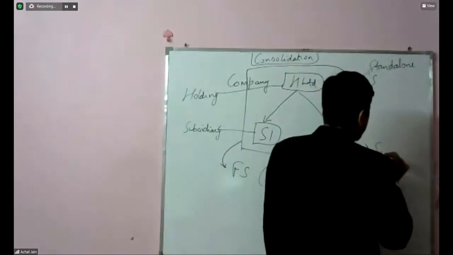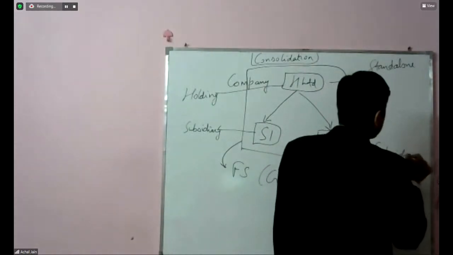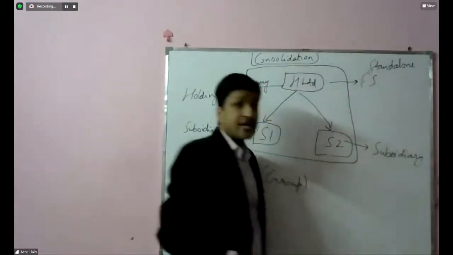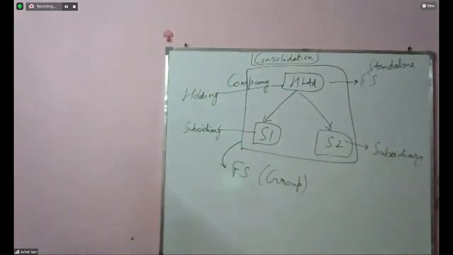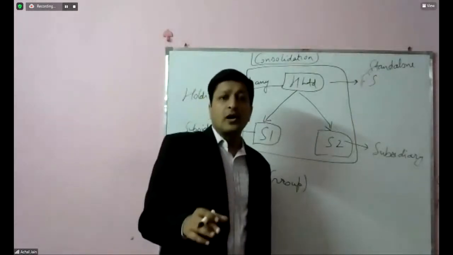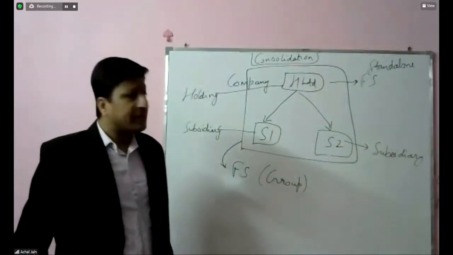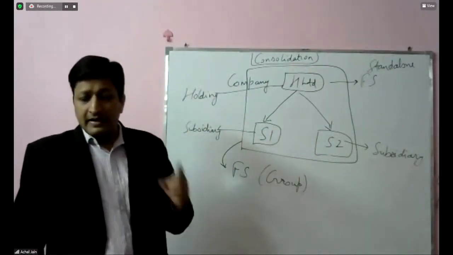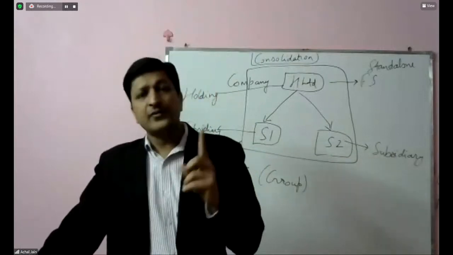Similarly, if you look at S2, S2 is also a subsidiary. All right. Now within a group, and for this to be called a group, it will be essential that at least one holding and one subsidiary is there.